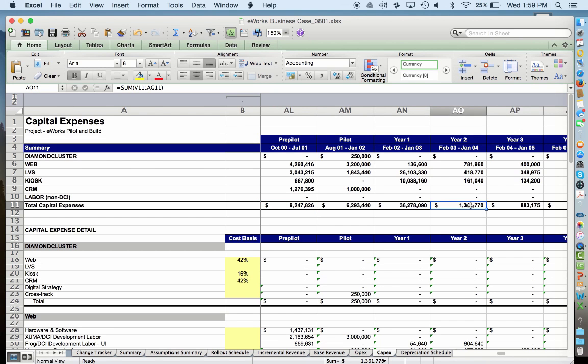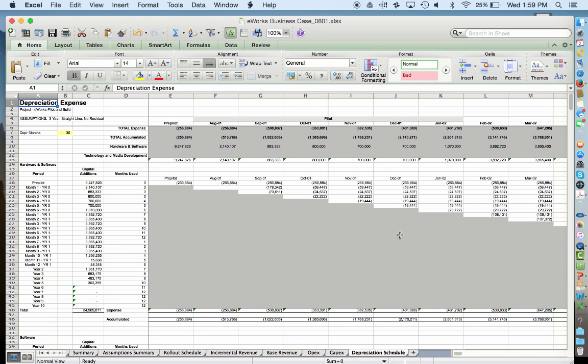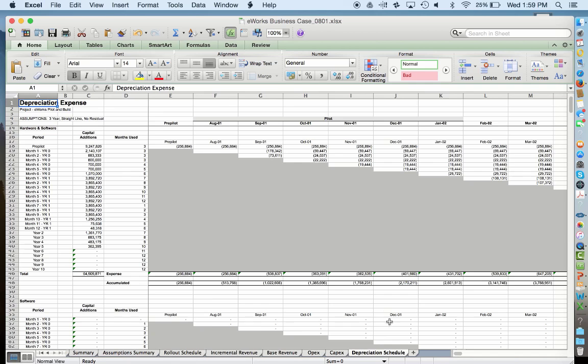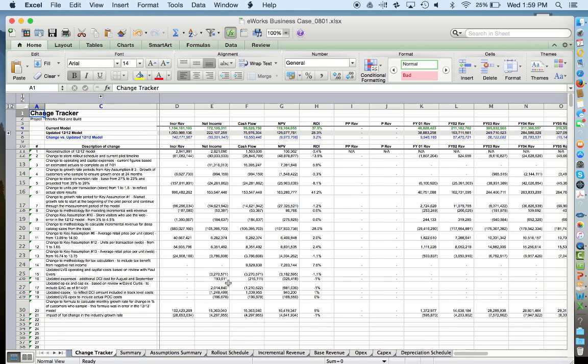Okay. And then to make it really fun, every time we made a change to the assumption, the CEO wanted to know the impact of the change. So how did that one single assumption change impact revenue, net income, cash flow, NPV, return on investment?